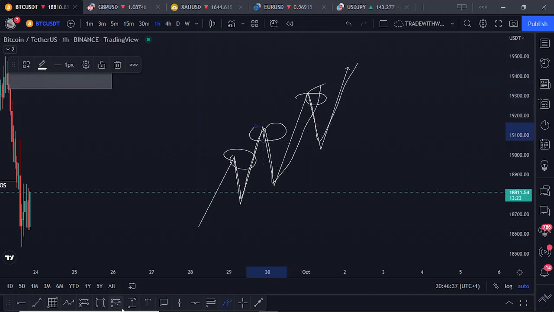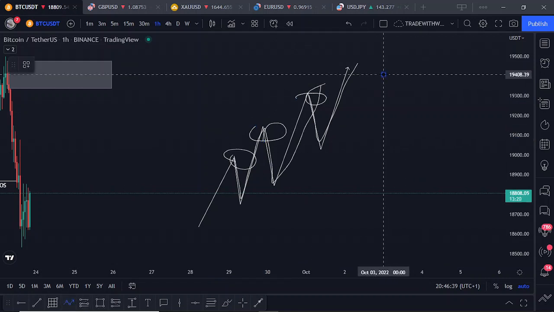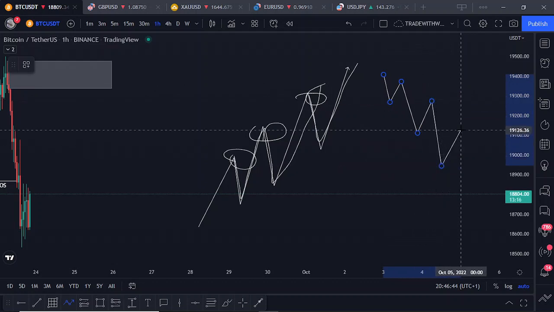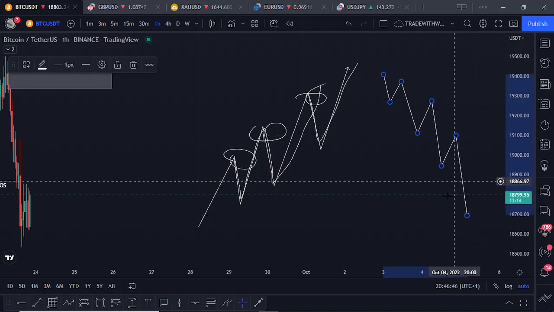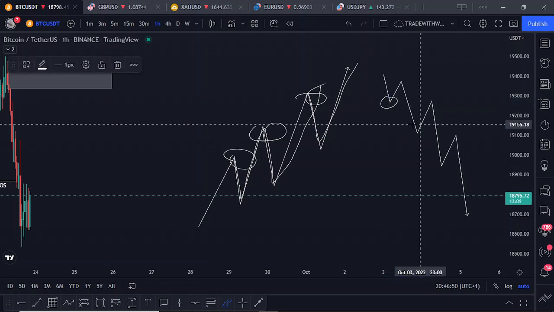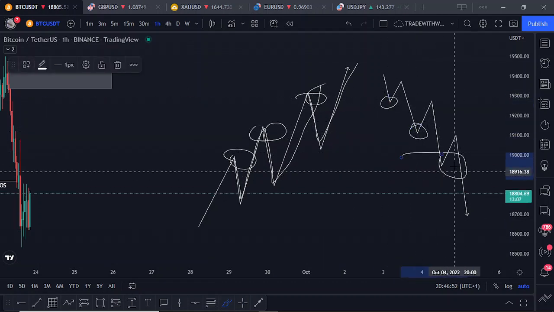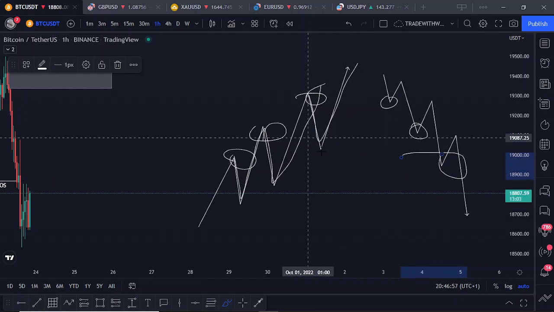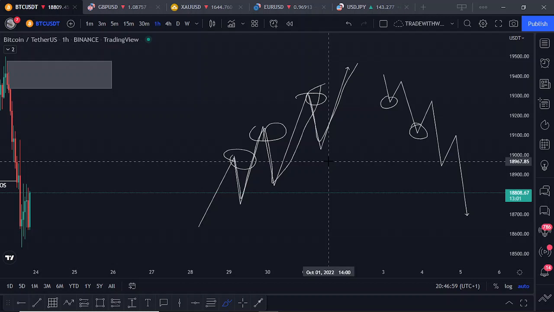Okay, and then the supply zone is also an area of liquidity. So we can only use trend lines to identify this kind of liquidity.